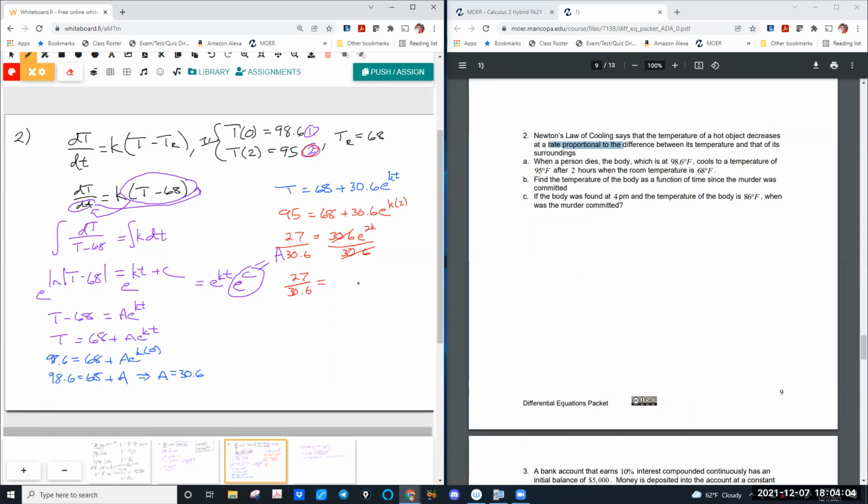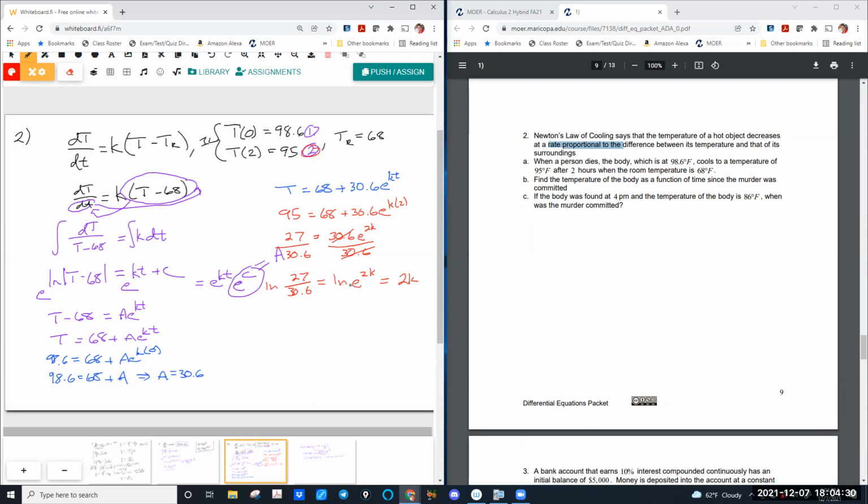We're going to have to do something you might not have done in a while, which is solve for an exponent that's in a variable. So I'm going to take the natural log of both sides. I'm using natural log because of the e, because natural log of e is 1. And so that right-hand side just becomes 2k. That's our property of logs.